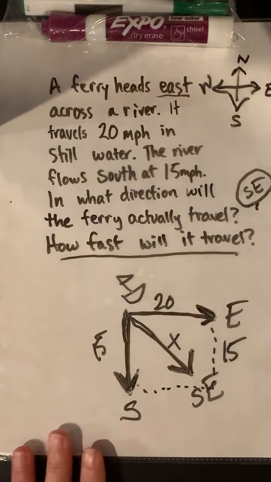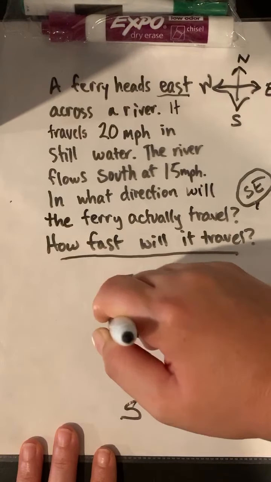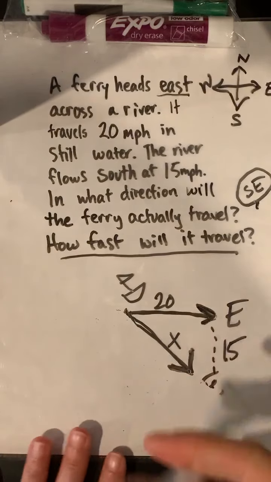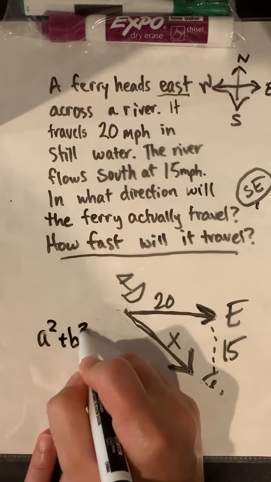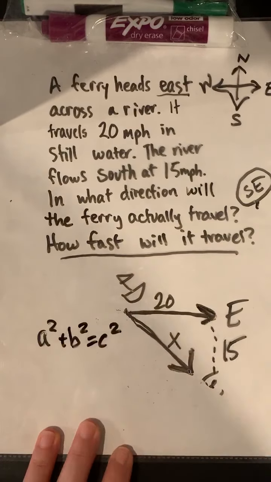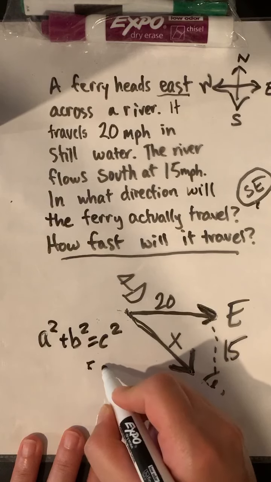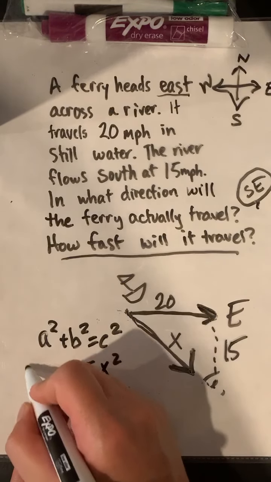So I'm going to erase this information now that we have that all figured out. And we're going to look at how we fill this in. So we're trying to find what c squared will equal. So I'm going to substitute x in.